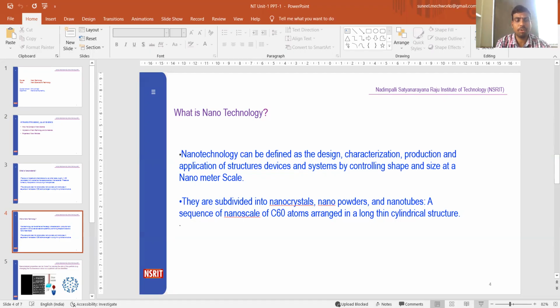Technology deals with the application which directly demonstrates the nanoscience. So nanotechnology is nothing but directly using nanoscience and applying it in the present era.